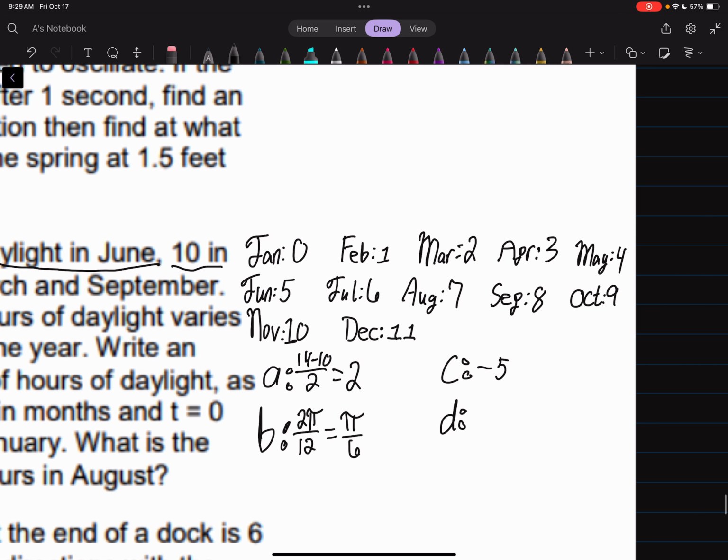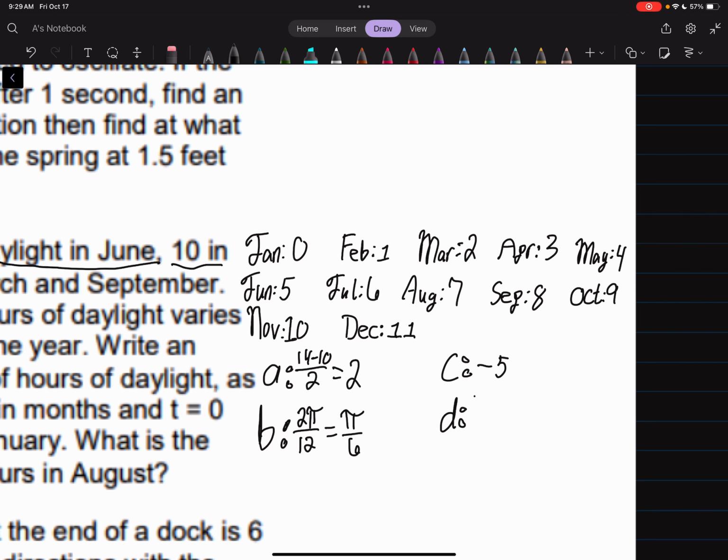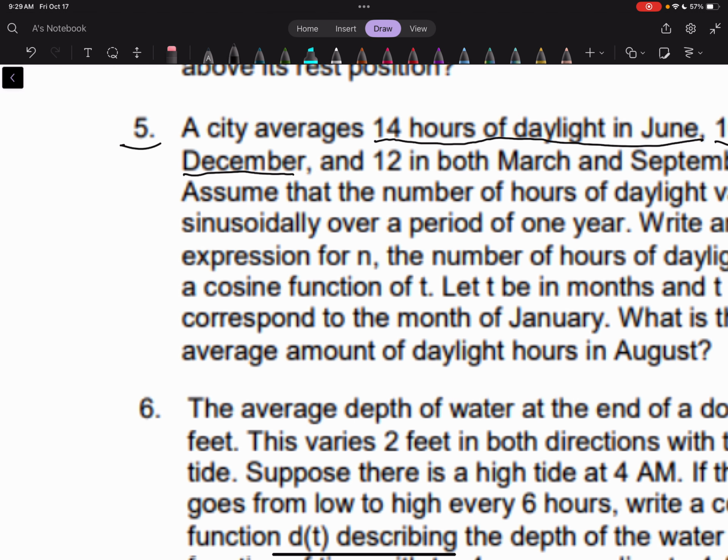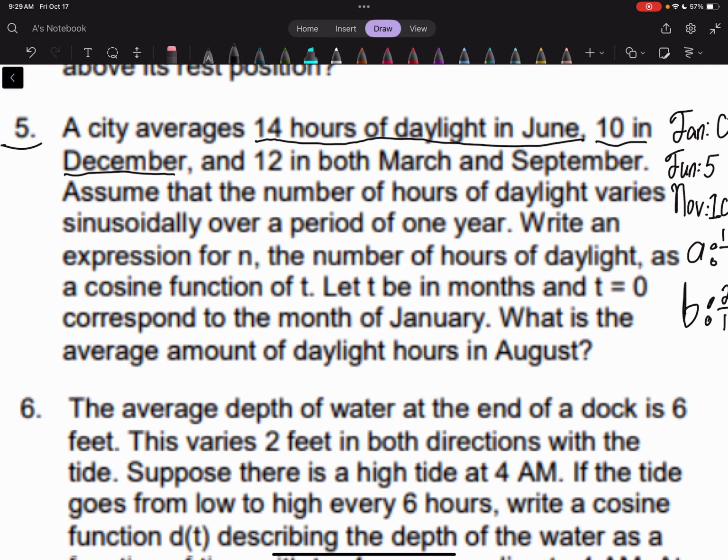Lastly, my D value is 12. This gives me my equation. Y equals, actually let's put n of t, that's the way he wants me to word it.